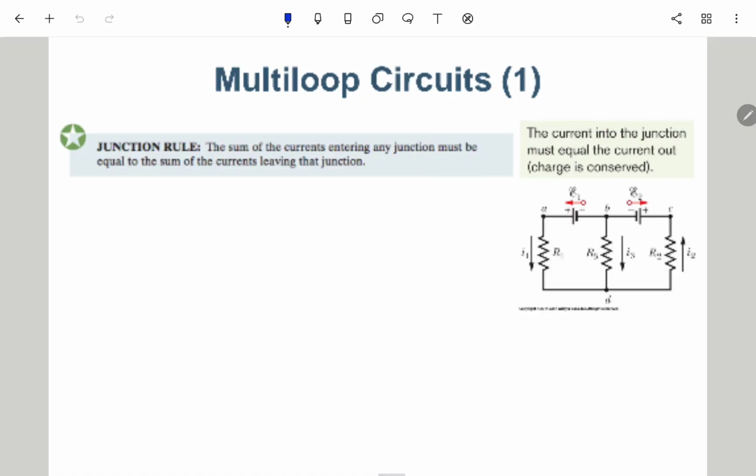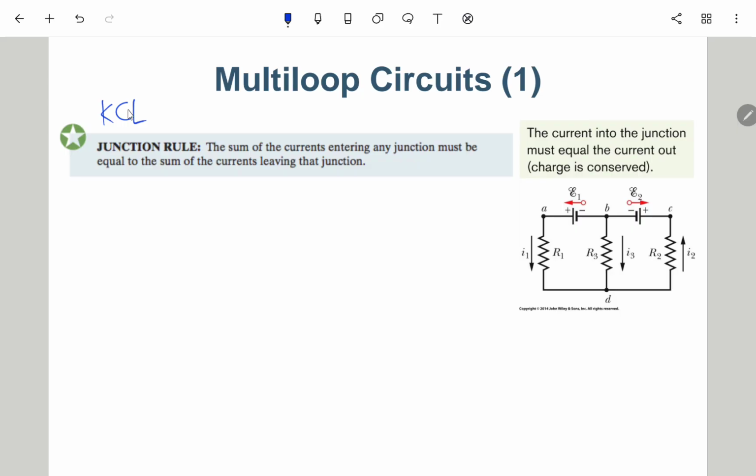Okay, so next we talk about the multi-loop circuit. Here it says that we have a junction rule. The sum of the current entering any junction must be equal to the sum of the current leaving that junction.